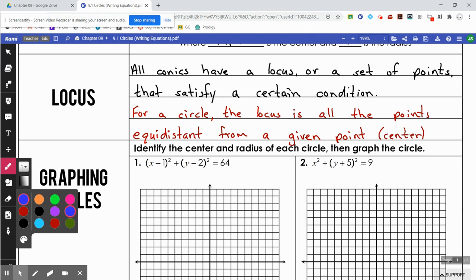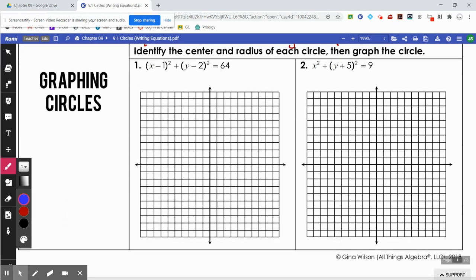By definition, a circle is the locus of all the points that are equidistant from a given point. So if I told you, take this point right here and draw every point that is 3 units from that: 3 units up, 3 units right, 3 units down, 3 units left, 3 units northeast, southwest, southeast, and keep going.